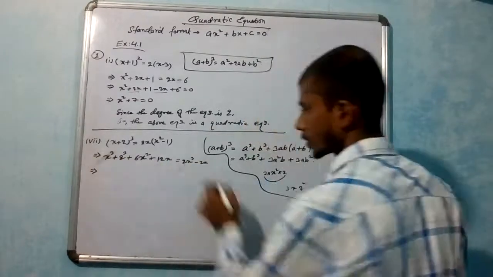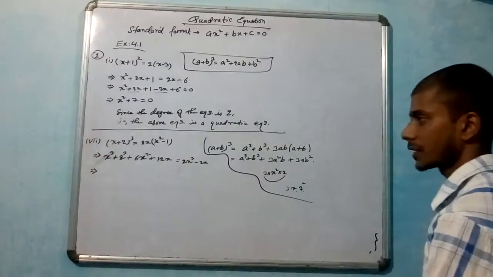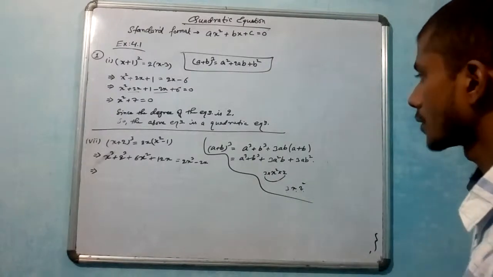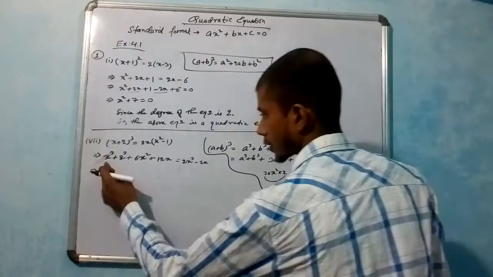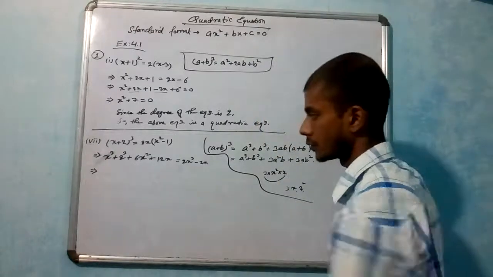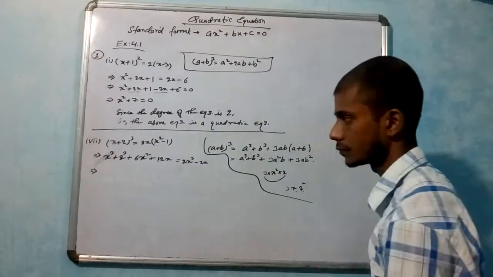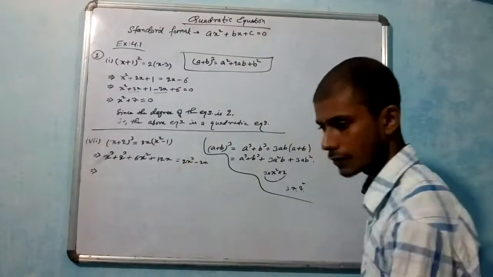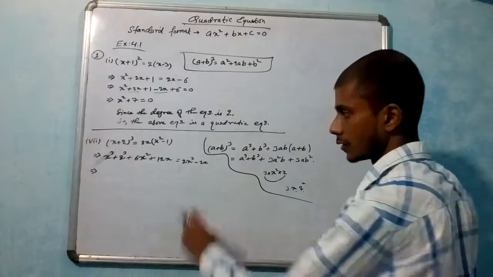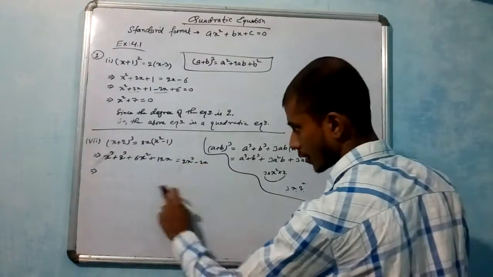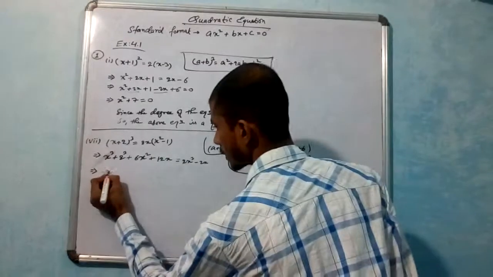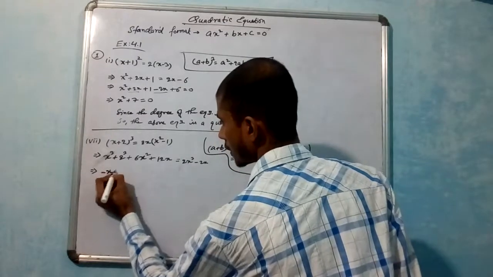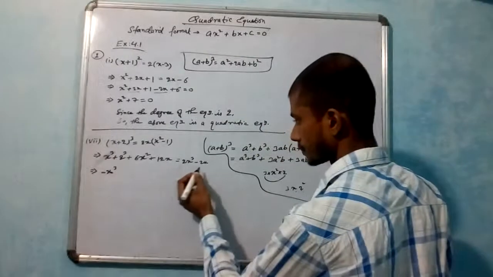So x cube minus 2x cube, like terms will be subtracted. 1x cube will come and the sign will be of the greater one, so minus. Minus 1x cube means minus x cube.